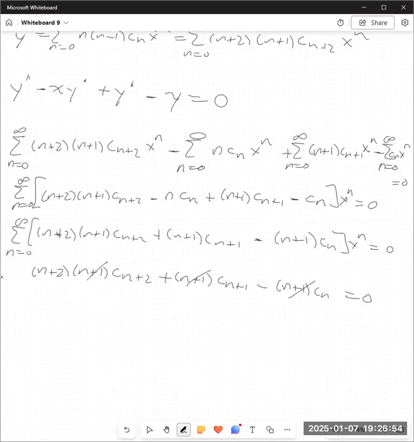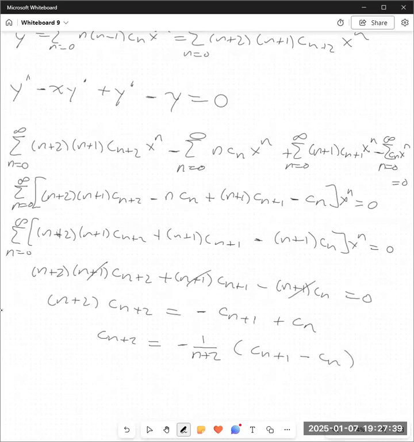Divide all these parts out. (n plus 2) c sub n plus 2 is equal to negative 1 times c sub n plus 1 plus c sub n. And c sub n plus 2 equals negative 1 over (n plus 2) times (c sub n plus 1 minus c sub n).